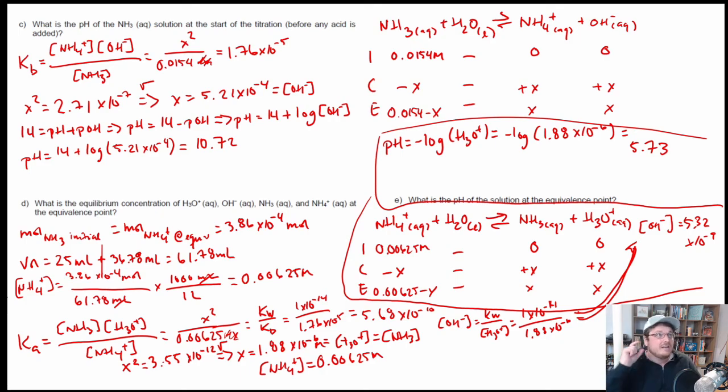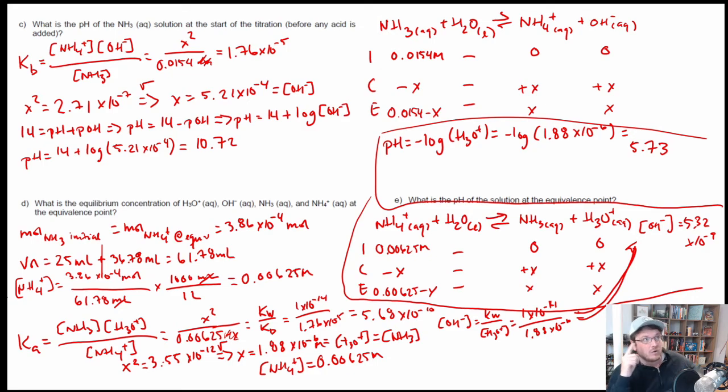The key thing for any of these titrations is really knowing where within the region you are, so that you can properly apply the right approach. When you're starting off any titration, you always simply do either the weak acid or the weak base equilibrium approach that you would normally do.